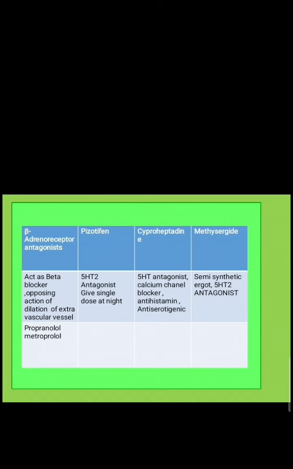Pizotifen is a 5-HT antagonist, given as a single dose at night. Cyproheptadine is a 5-HT antagonist, calcium channel blocker, antihistamine and antiserotonergic. Methysergide is a semisynthetic ergot and 5-HT antagonist. Thank you.